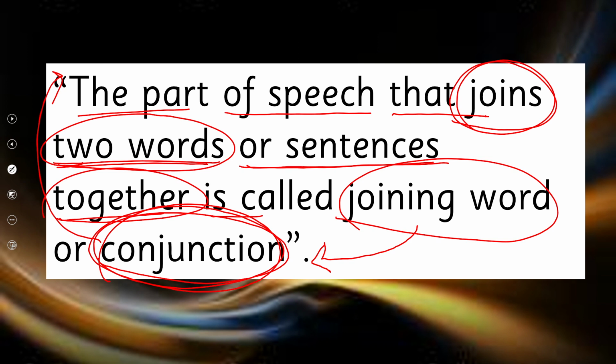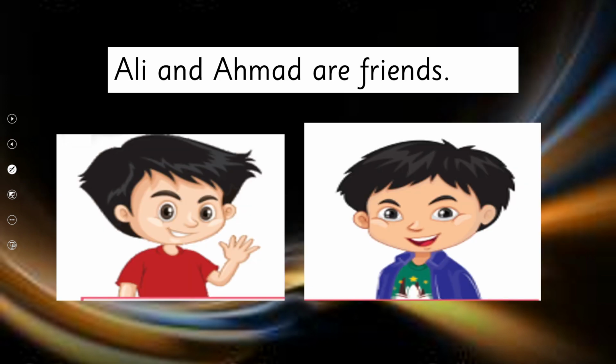Do you understand? Okay, and how do we do it? Ali and Ahmad are friends. Now we know Ali is a noun, Ahmad is a noun, and we have joined these two nouns by adding the word and. It means and is used to add nouns.